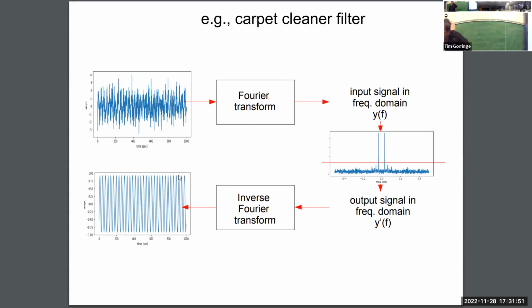So here's an example of that kind of cleaning. This signal here is exactly the circumstance you're describing. It's a superposition of a single sinusoidal signal with some random noise, some white noise.